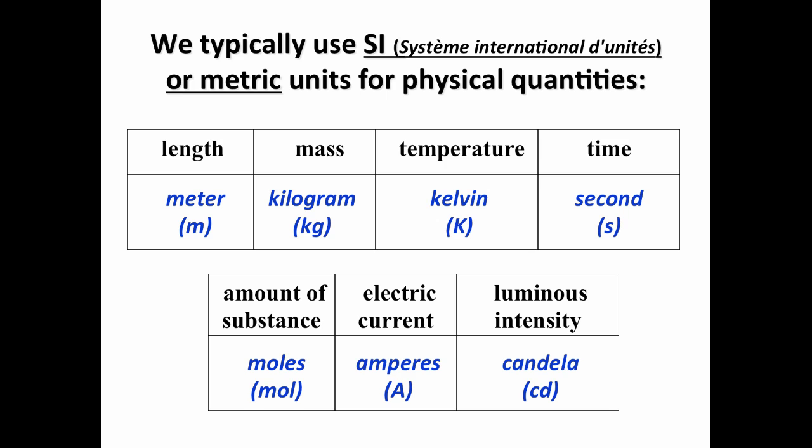Some of these we will use quite a bit during the semester. Others, like luminous intensity, you will probably never experience in your chemistry class. It's a good idea to start getting familiar with the units and their abbreviations as well.